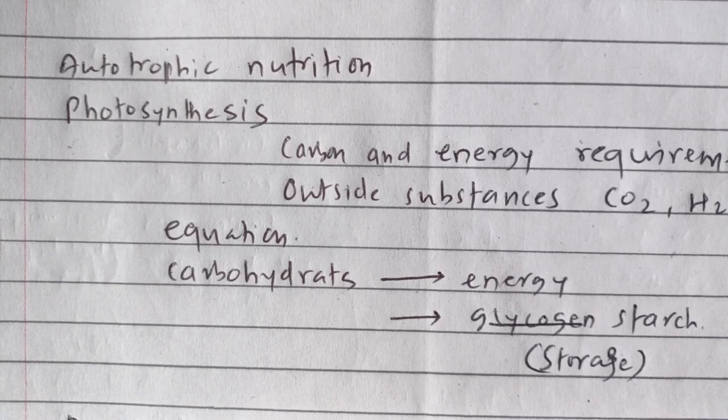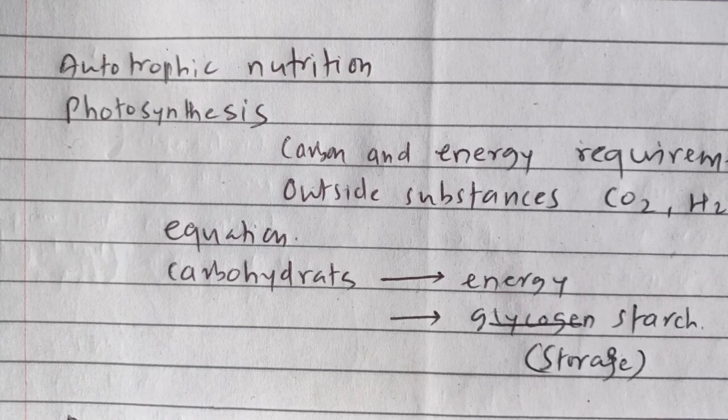So the carbohydrates are utilized for providing energy to the plant, and also carbohydrates that are not used immediately are stored in the form of starch, and this serves as the internal energy reserve to be used when the plant needs it in future.